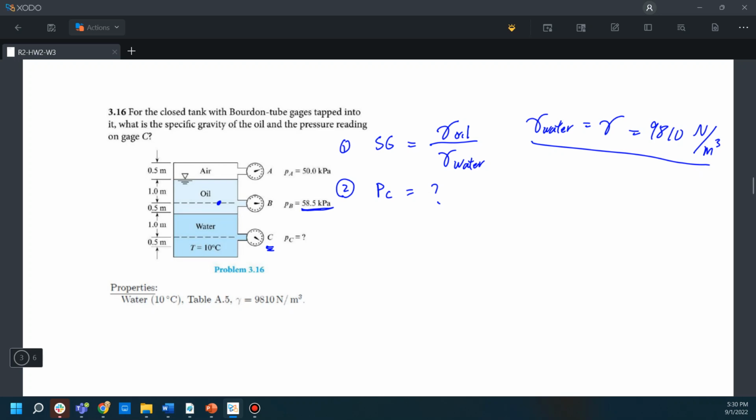But you can also calculate the pressure at this point using the material on top of it. So the hydrostatic equation we can list for this question is that PA plus gamma ZA is equal to PB, the pressure at point B, plus gamma ZB.